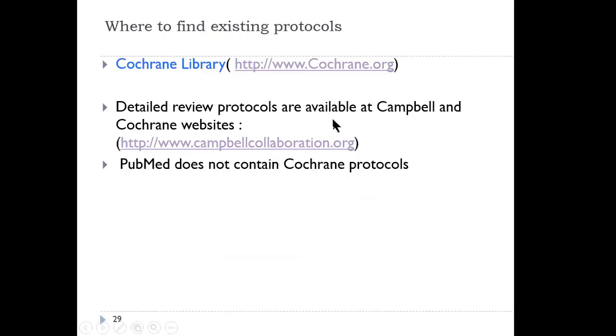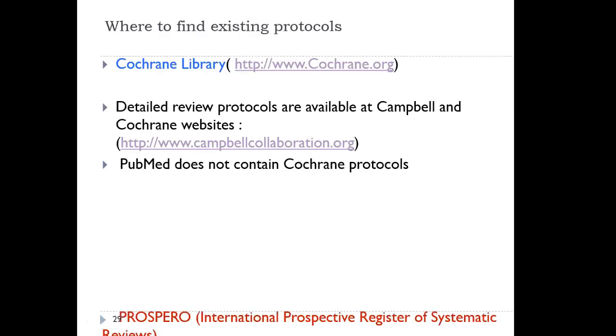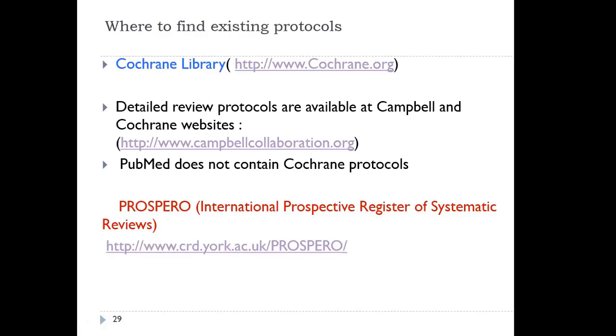Detailed review protocols are available from this site also, because the Campbell and Cochrane organizations first worked on systematic reviews, and they established all the rules and guidelines and everything, right? So this is one place.